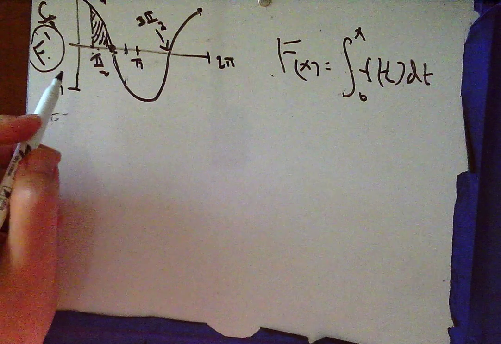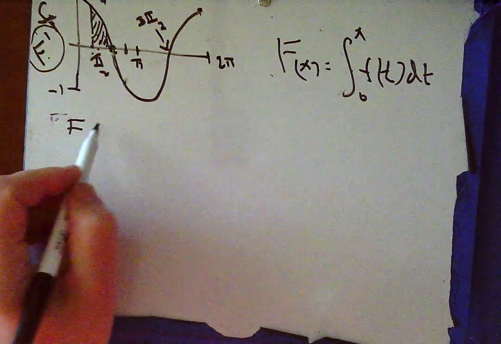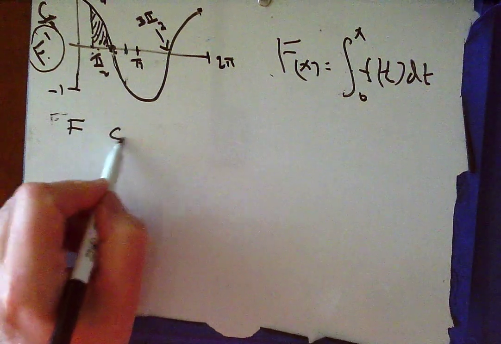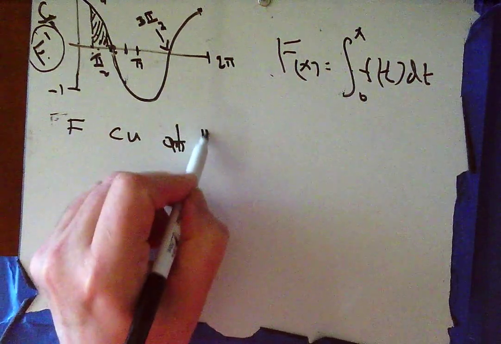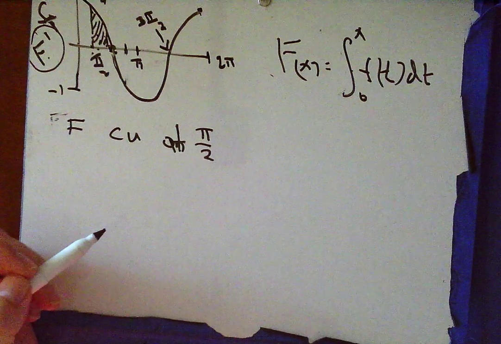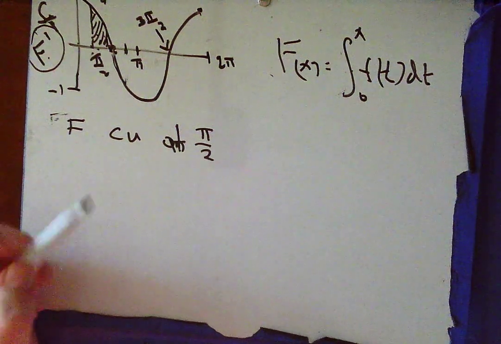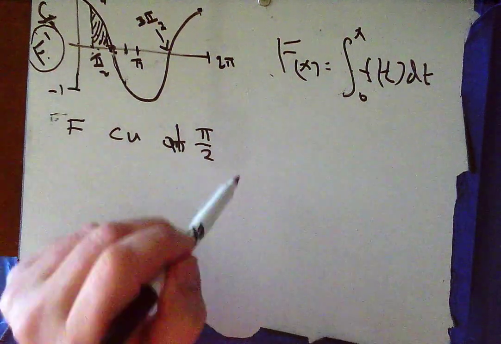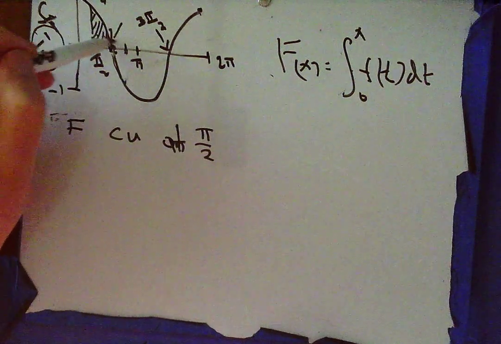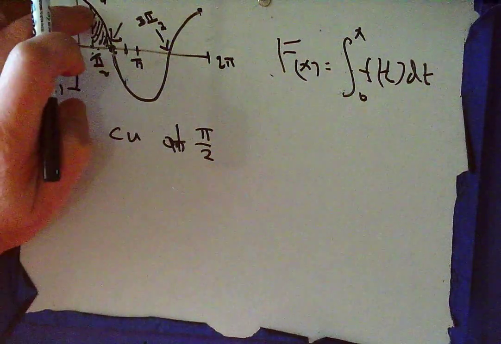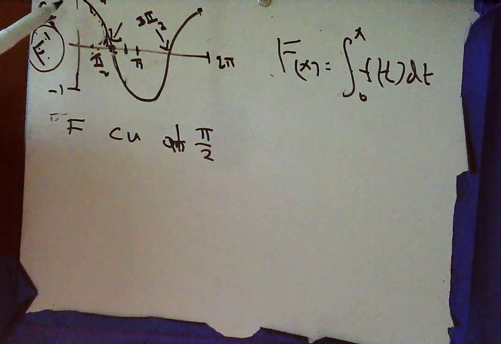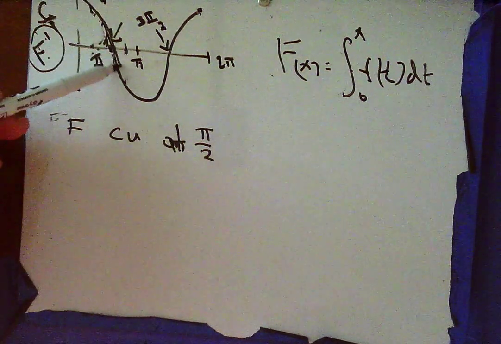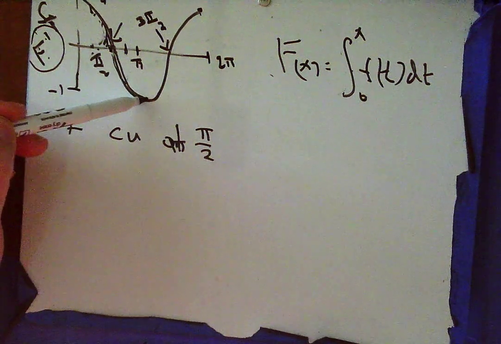Okay, and then finally, big F is concave up at pi over 2. All right, well, let's think about this. At pi over 2, that's this place here. Well, I see that big F prime is decreasing, decreasing, decreasing, decreasing.